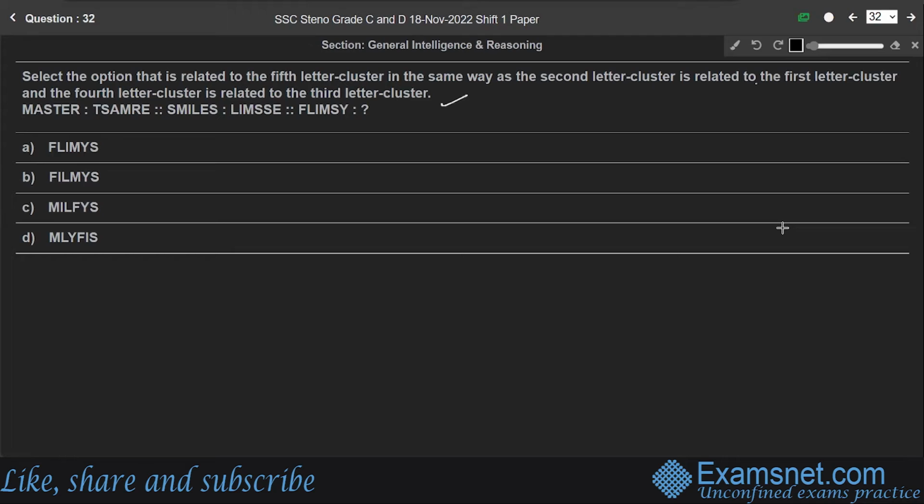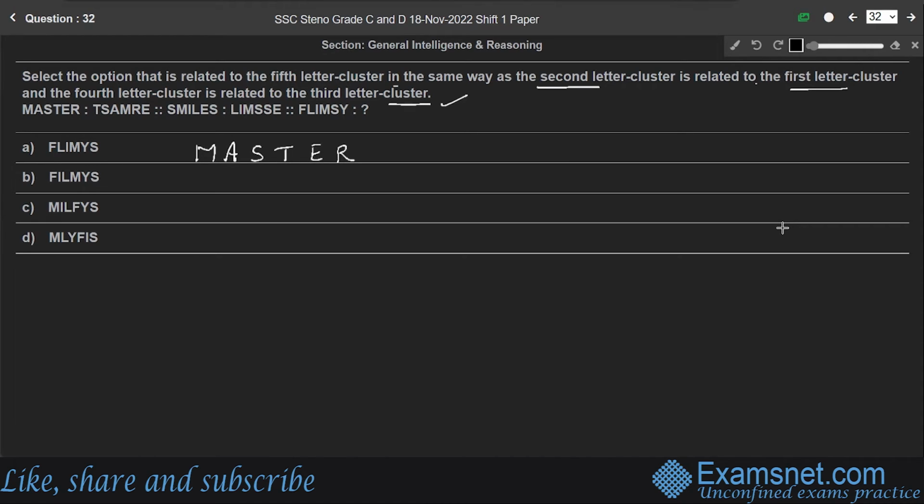Question 32. Select the option that is related to the fifth letter cluster in the same way as the second letter cluster is related to the first letter cluster and the fourth letter cluster is related to the third letter cluster. Here master is related to M-A-S-T-E-R.